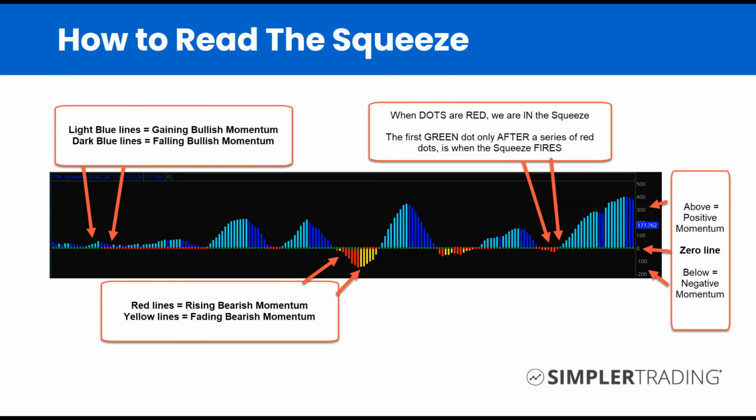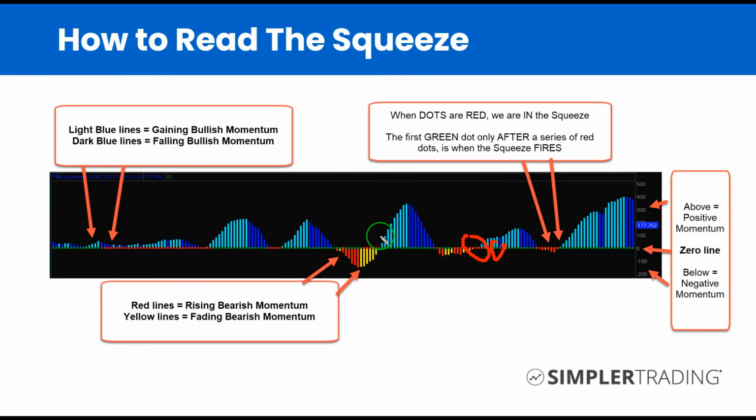So a couple basics of the squeeze indicator. First thing we have here are the squeeze dots. So the red dot means that we are in a squeeze. The stock is going through that compression phase. When we get our green dot, that means the squeeze is fired. So we've gone from the compression phase to the expansion phase. And then you have the momentum histogram.